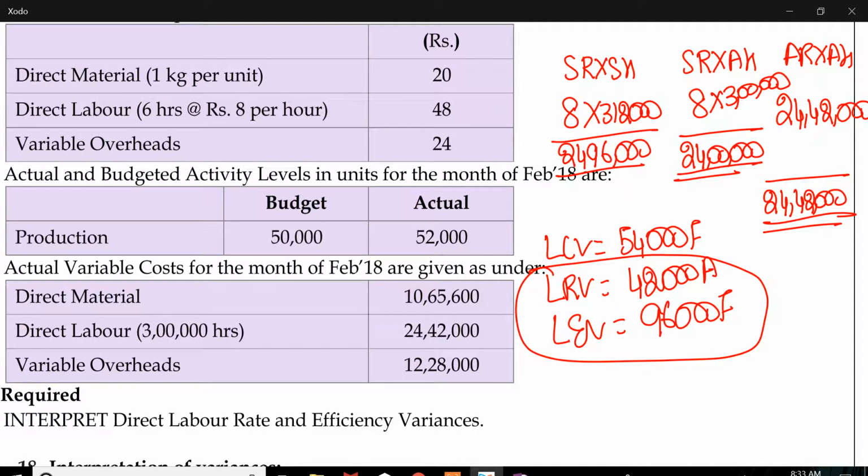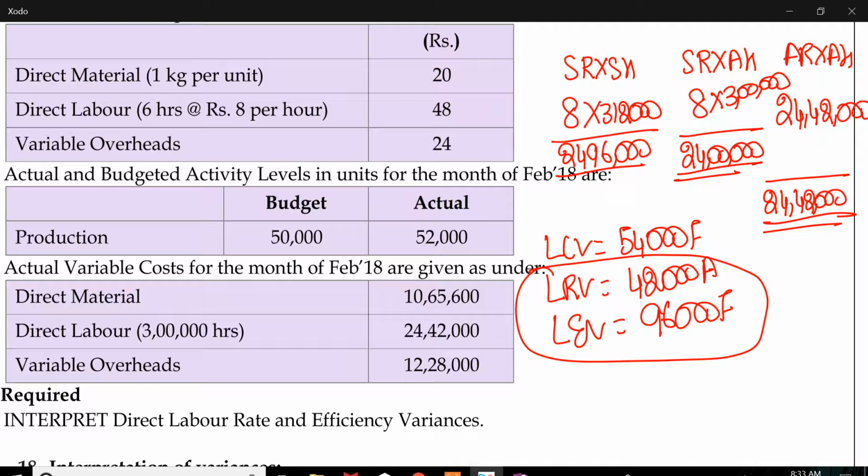Full stop. However, the actual rate is higher to accommodate the request of trade unions.